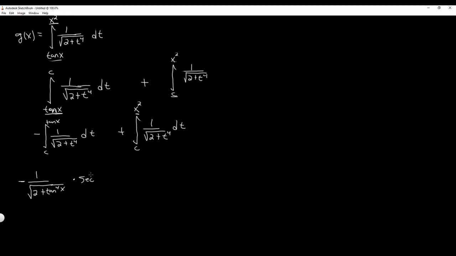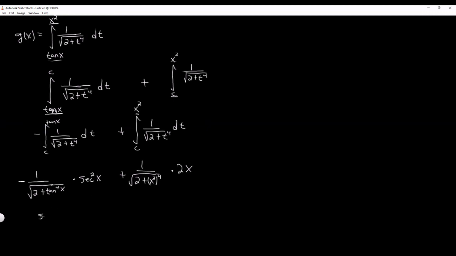So times secant squared x plus, we're going to replace all t's with x squared. So plus 1 divided by the square root of 2 plus x squared raised to the fourth times the derivative of x squared, which is 2x. And then we need to simplify this. If we multiplied negative 1 divided by the square root of 2 plus tangent to the fourth power times secant squared x, secant squared x would just go on the top.